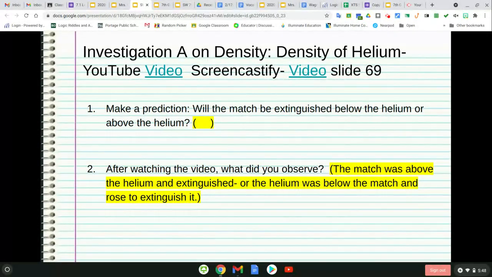So you looked at a video of the density of helium, and we found that helium is lighter than air. It rises. It had to be below the match in order to extinguish it because it was rising to extinguish that match. So it's lighter than air.